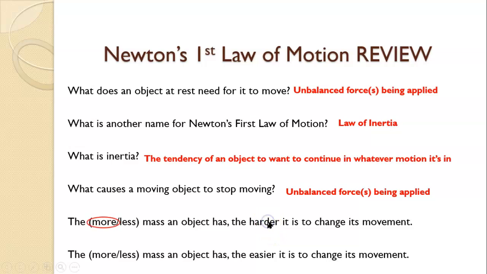Well, hopefully you said the more mass an object has, the harder it is to change its movement. And on the last question, would it be the more or less mass an object has, the easier it is to change its movement? Well, this time it would be the less mass an object has, the easier it is to change its movement.